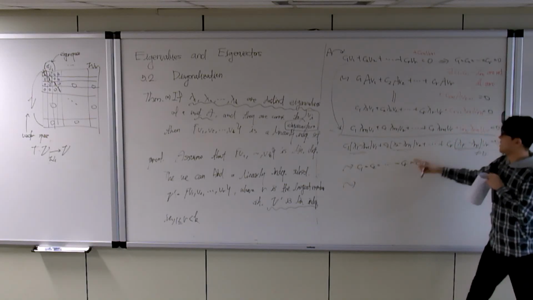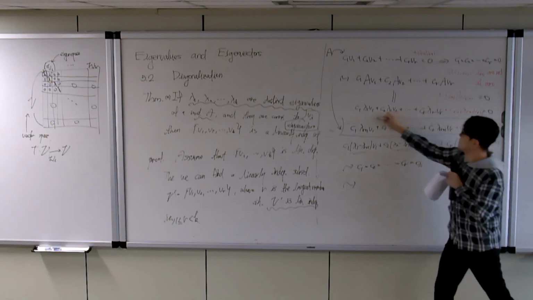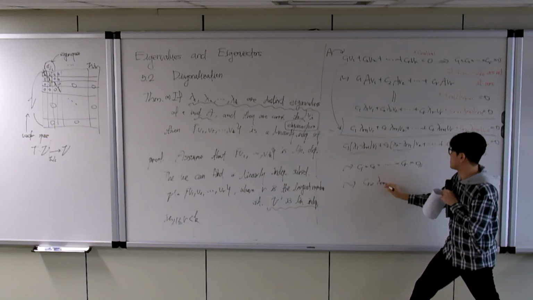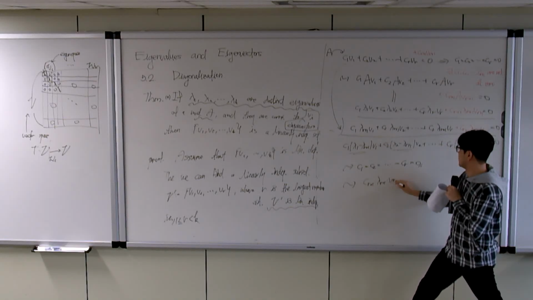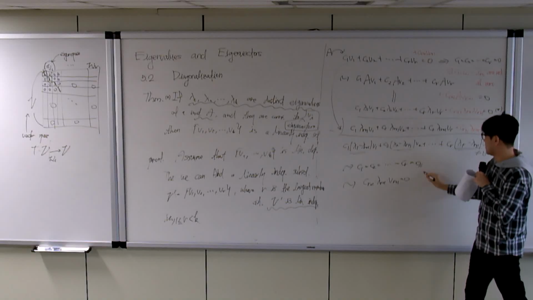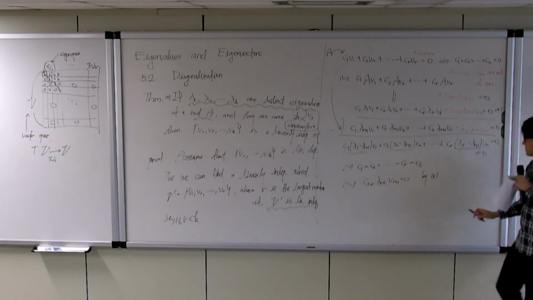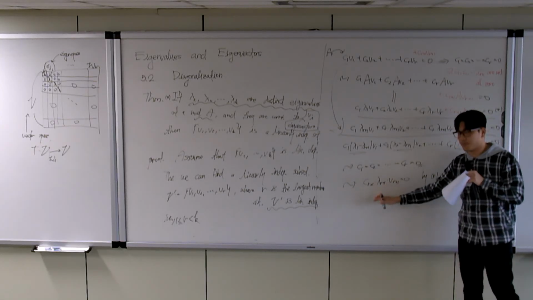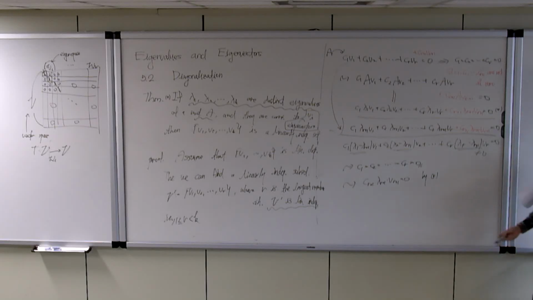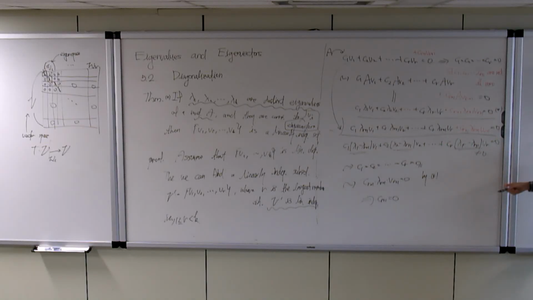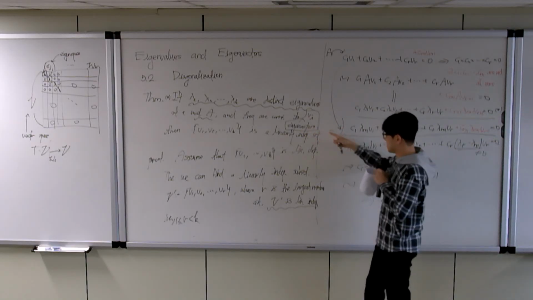And there is one more proposition: an n times n matrix with n distinct eigenvalues is diagonalizable. We have seen that a diagonalizable matrix means it has an invertible matrix with linearly independent columns.